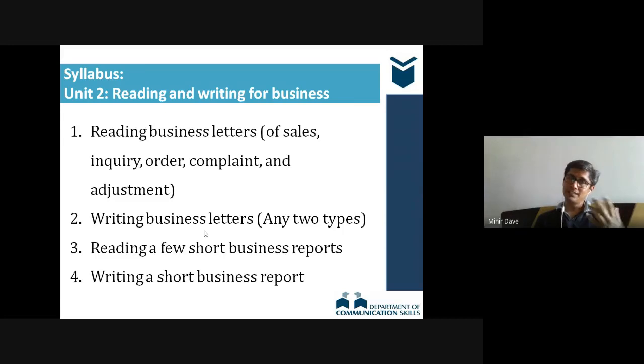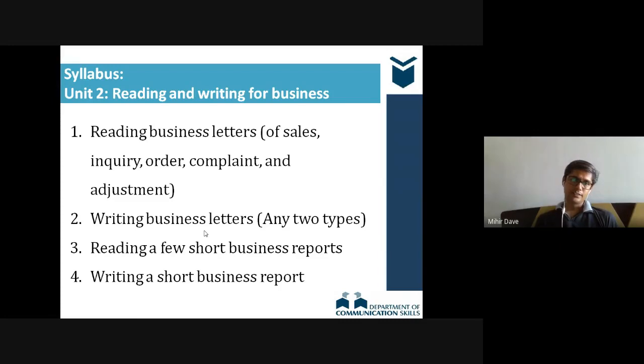And second, there'll be writing also. Once you know how to read and understand the kinds of letters and reports, you'll also be able to draft. You'll be able to write the letters. So we'll be having a look at some of the popular kinds of letters, and 2 types of business letters is what we are going to discuss.